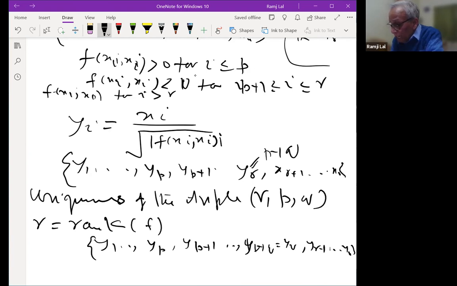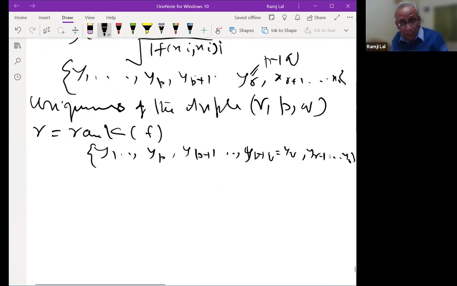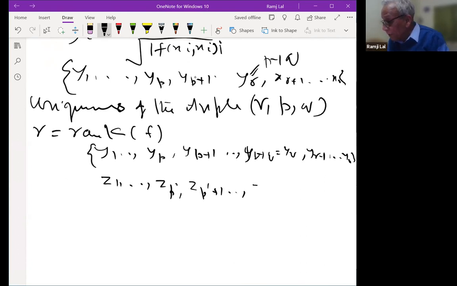So this is the basis, and let us take another basis here: z1, z2, ..., zp dash, and zp dash plus 1 and so on. Here zp dash plus q dash has to be r. So p dash plus q dash is r, and then zr plus 1, ..., zn, because this r is the rank. So this is actually fixed.